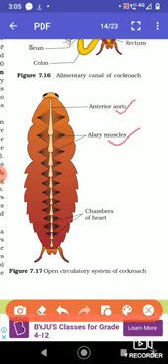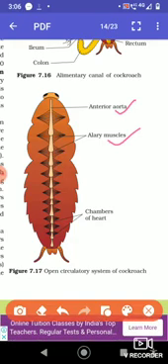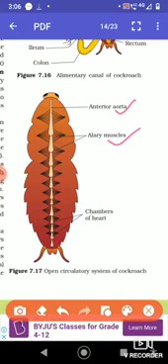Anterior aorta is present here, and there are a lot of chambers, a number of hearts, a total of 13 hearts, and all these chambers are connected. One heart is connected with another heart through the opening which is called the ostia.